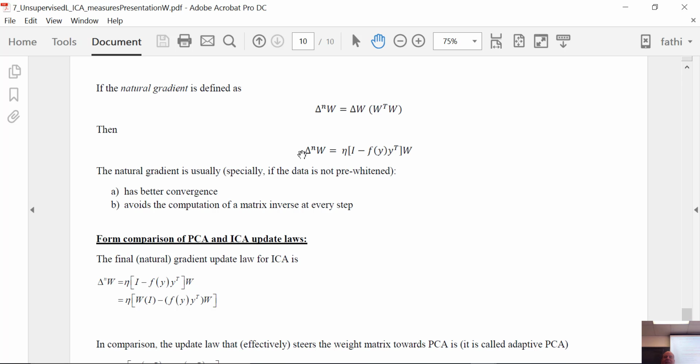So if you keep updating, you initialize this one from some random weight, and you keep updating, this weight will be going towards a final weight with the objective of making the outputs having sparsity or having statistical independence. Okay? So you don't have any reference. The reference is obtained from the concept of the densities of the outputs, which are sub-Gaussian in this case, and will be statistically independent.